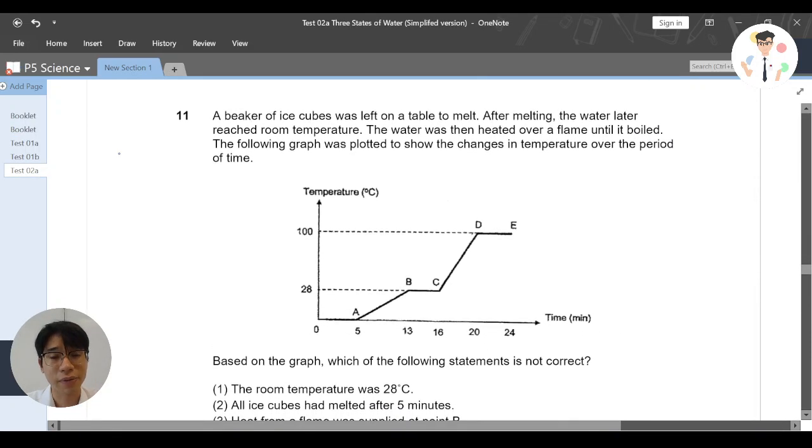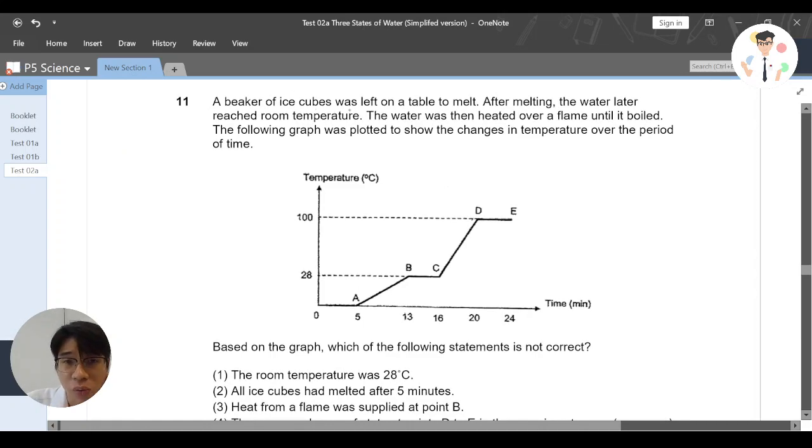Next one, 11. A beaker of ice cubes was left on the table to melt. After melting, the water reached room temperature. The water was then heated over a flame until it boiled. A graph was plotted to show the changes in temperature over a period of time.